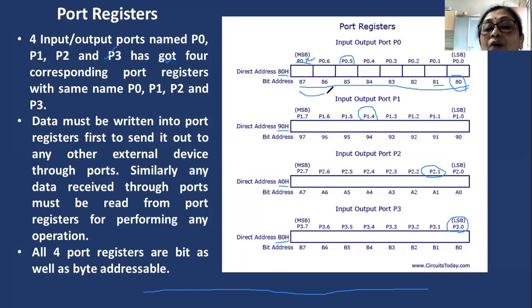Similarly, when you are addressing the port as a byte, its direct address is also 80H. It depends on the instruction whether the processor treats this as bit addressable or byte addressable. Bit addressable instructions are different, byte addressable instructions are different. Are you clear about this, students?